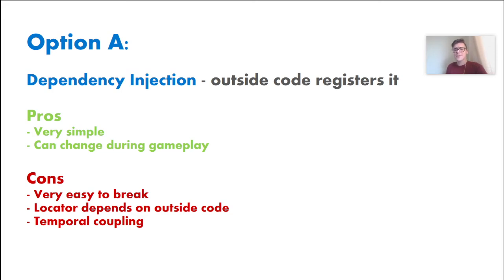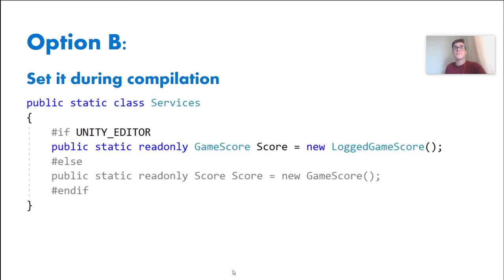However, the locator depends on outside code, which is bad when some part of the code that is dealing with registering a service is not actually acting correctly. Also, it's easy to break and it introduces temporal coupling. So some pros, but a lot of cons using this. But you can use it if you like.